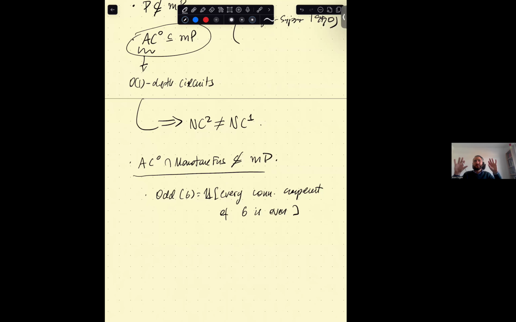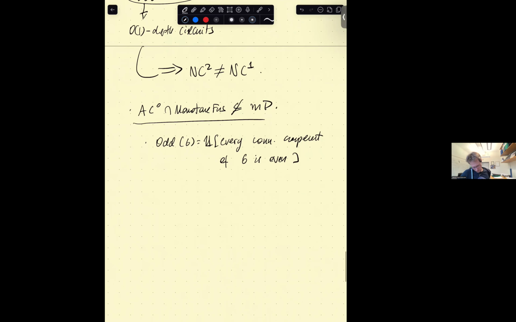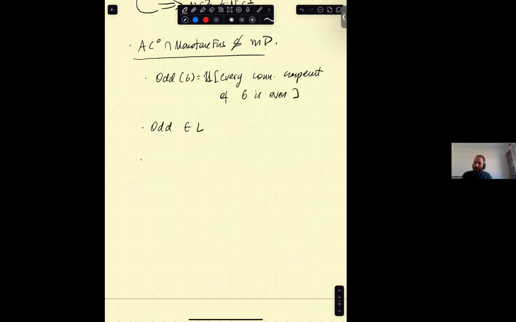Because if every connected component has an even number of vertices, you can add edges, you're going to join connected components, and you're going to continue having an even number of vertices. This is also a problem in log space because you can just invoke Reingold's connectivity algorithm in log space many times and solve this problem.